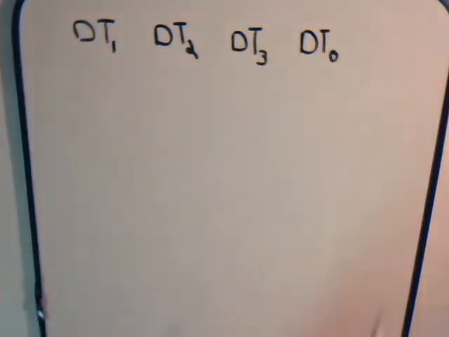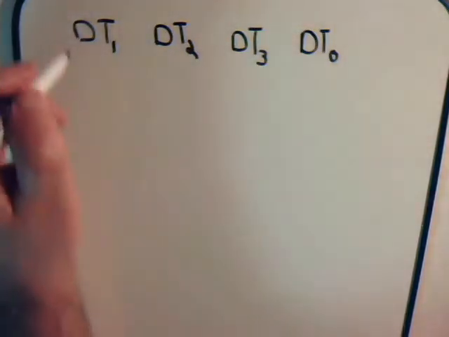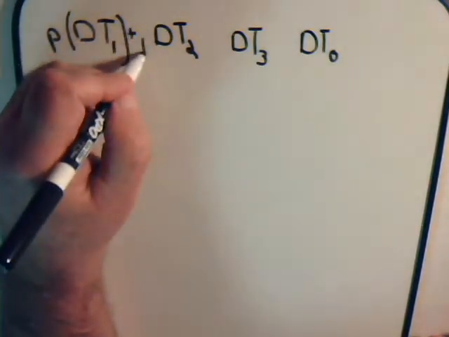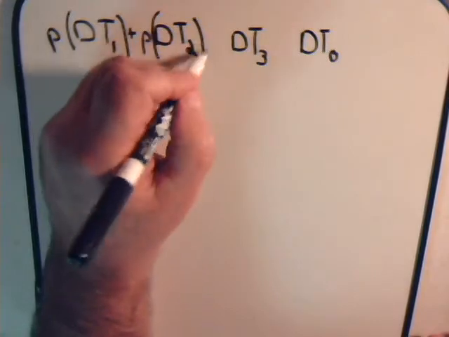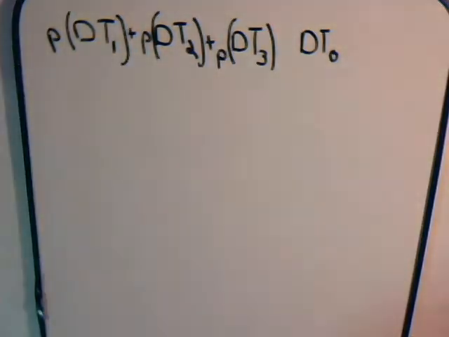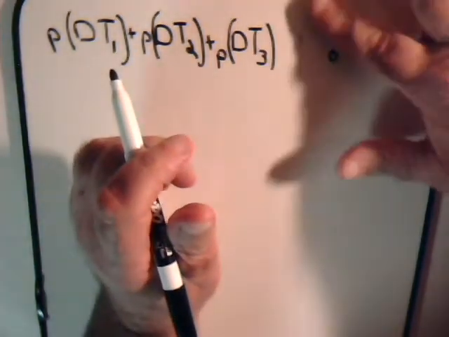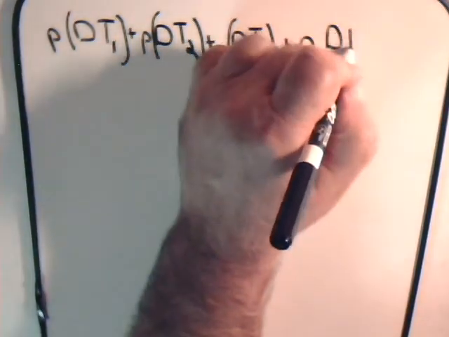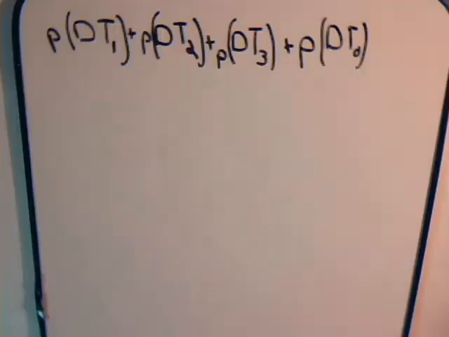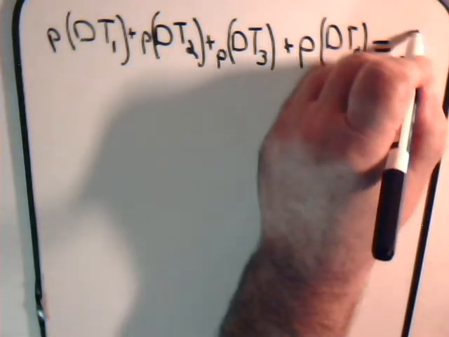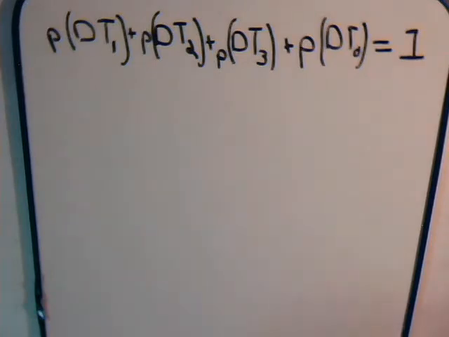Those are all the possibilities. Now, the probability of detecting 1 transistor, plus the probability of detecting 2 transistors, plus the probability of detecting 3 transistors, plus the probability of detecting 0 transistors, has to add up to equal 1. The probabilities of all the possibilities always have to sum to 1.